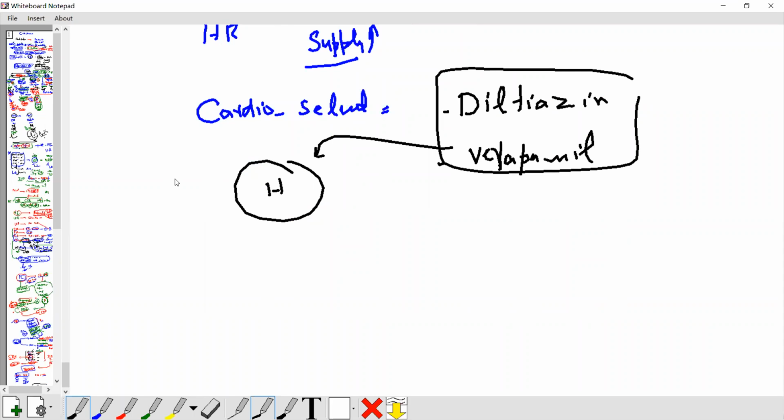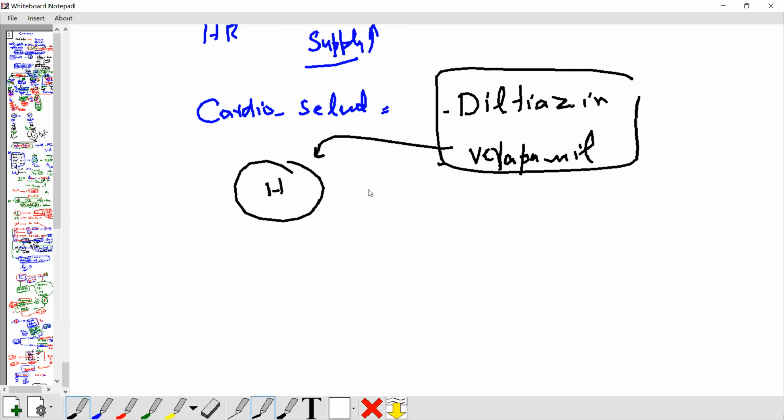The action potential in the ventricular muscle also depends upon calcium. The slow calcium channels are present on myocardium and on the conductive system. So these cardioselective calcium channel blockers block all calcium channels on the conductive system and on the myocardium.